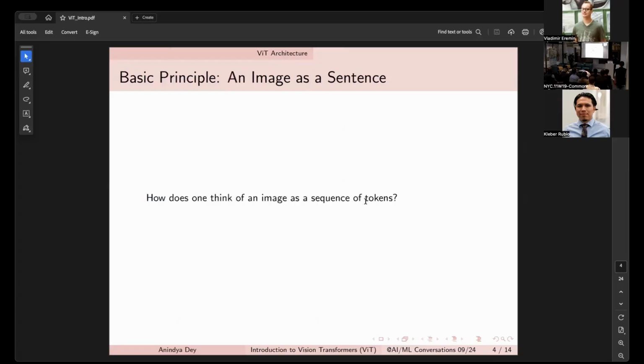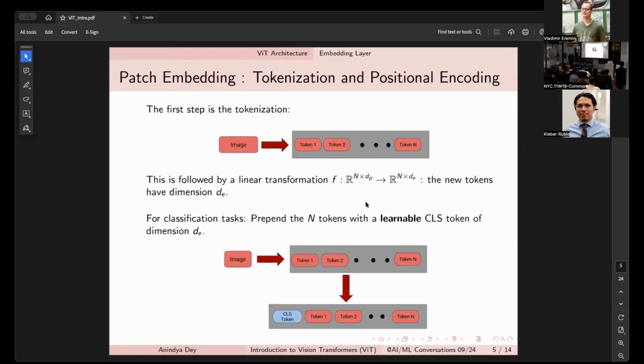Okay. So now I can start with what the embedding layer does for us. The first step is tokenization, which I just discussed. Usually, the tokenization is followed by a linear transformation. Remember that each token was a vector of dimension dp. Now you can perform a linear transformation such that the tokens still don't talk to each other, but each token dimension is now d embedded.